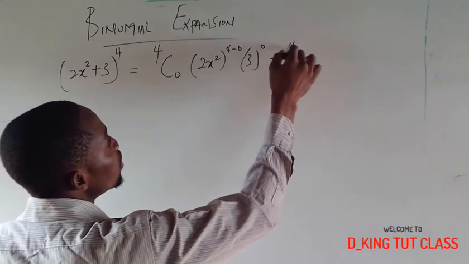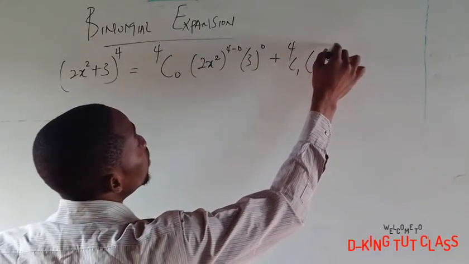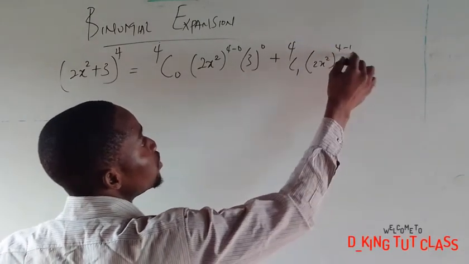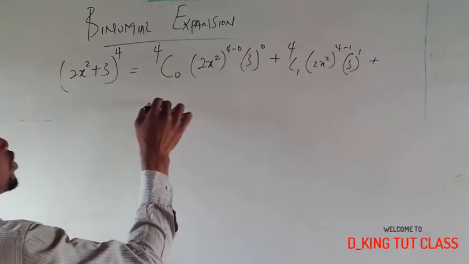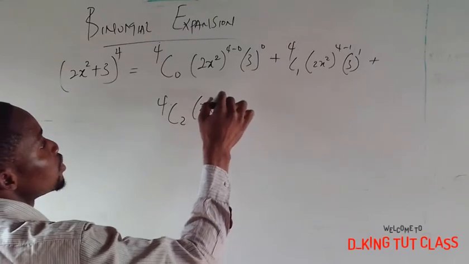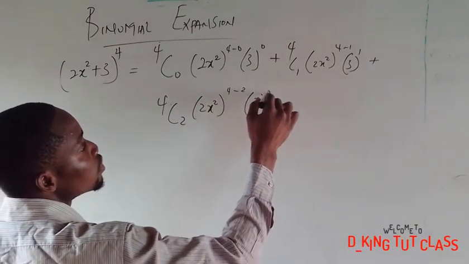0. Then plus 4 combination 1, 2x squared raised power what? 4 minus 1. b is 3 raised power what? 1. Plus 4 combination 2, 2x squared raised power what? 4 minus what? 2, 3 raised power what? 2.